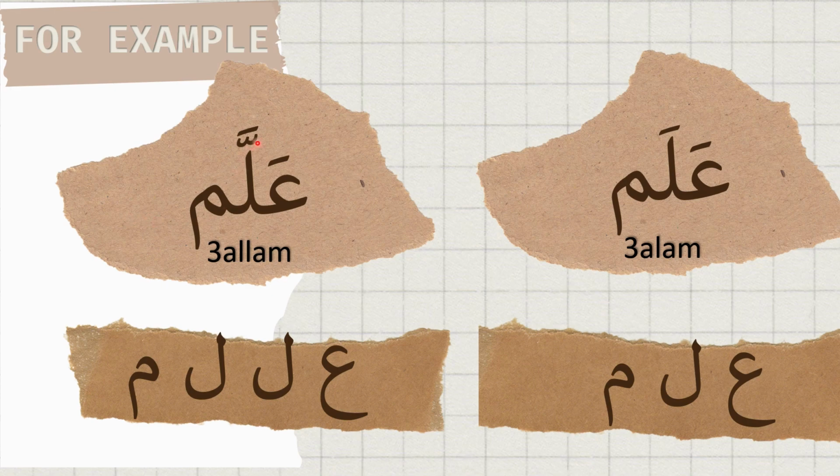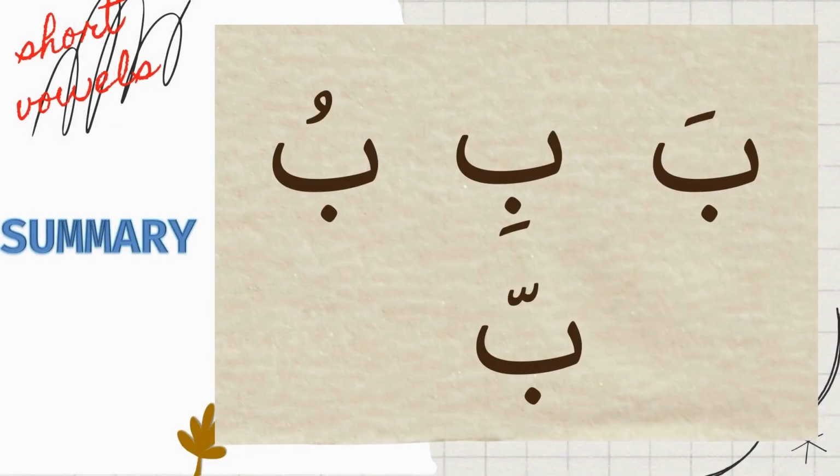So you have to put Fatha or Kasra or Dhamma to know how to pronounce it. In the end, you have to remember that they are just short vowels, not long vowels. The long vowels are the letters themselves. They are just short vowels, okay?